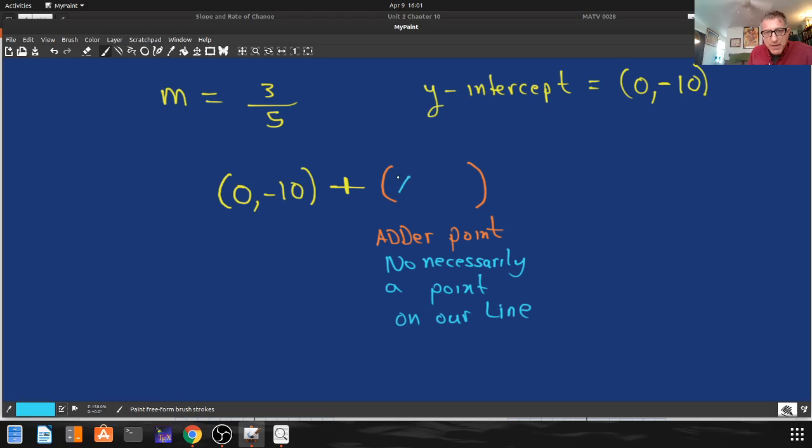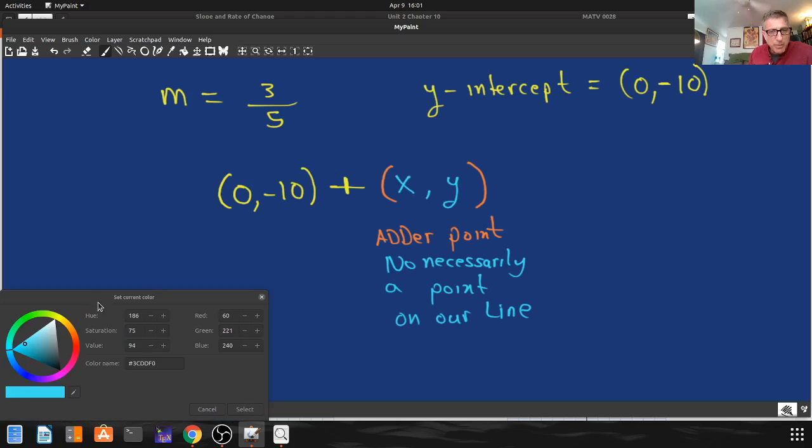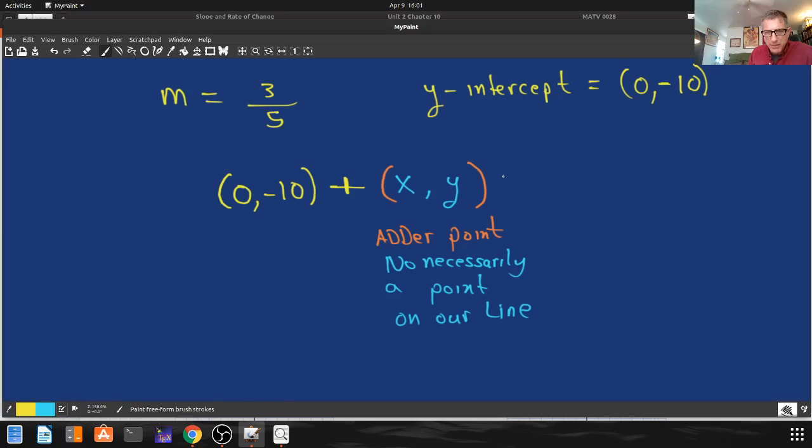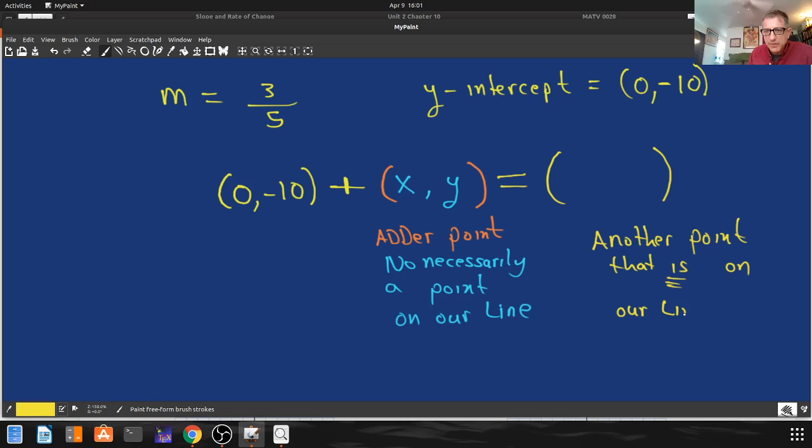And it's going to have a value x and a value y. And it's an adder point because I'm literally going to add points. And I will show you how. You think, well, how do you add points? I know how to add numbers. And the result of this sum of points is another point that is on our line.